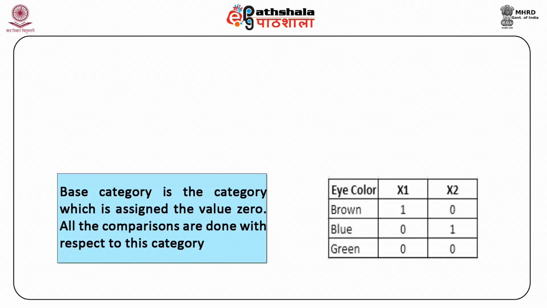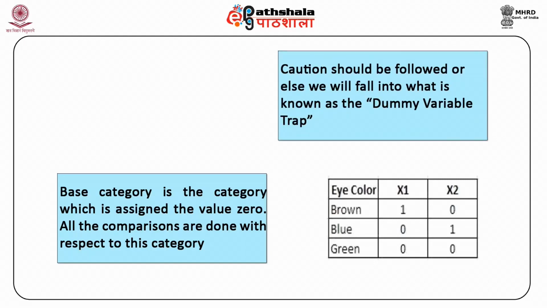Using dummy variables is convenient, but it requires caution to avoid falling into what is known as the dummy variable trap. Therefore, the thumb rule must be adhered to, which states that if there are m categories in a particular model having a common intercept, then we should use m−1 dummy variables for the qualitative variable having m categories.